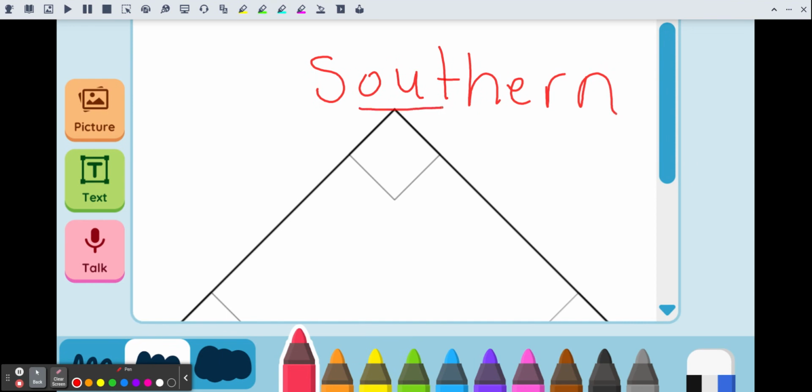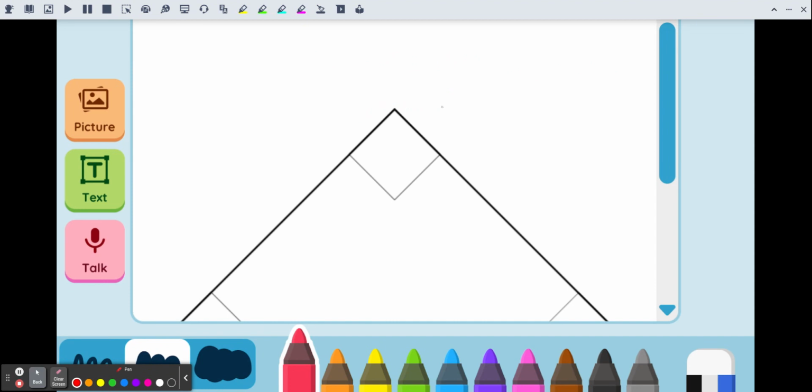Southern. So that one is not southern because the OU is not saying ow and it's not saying oh. So it's southern. All right.